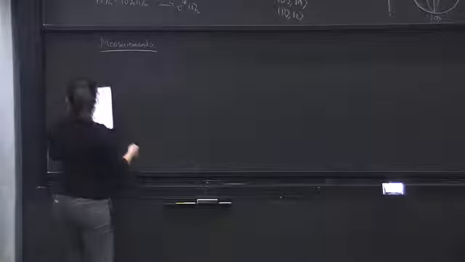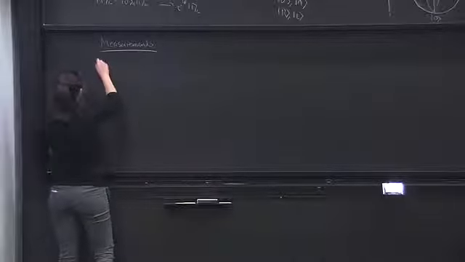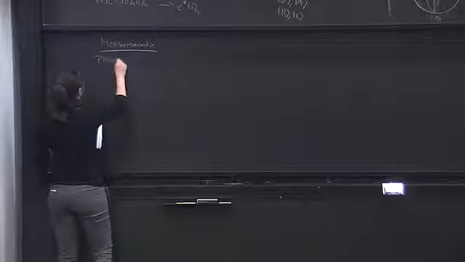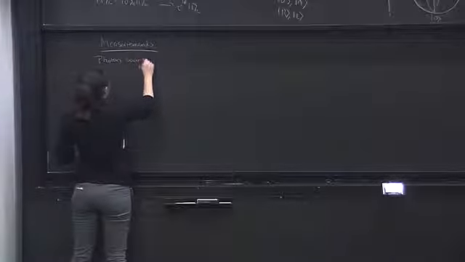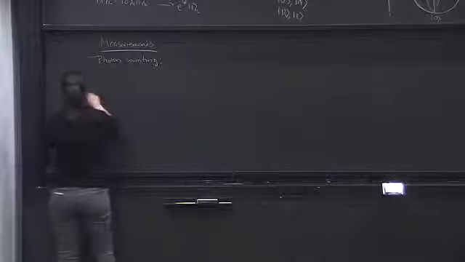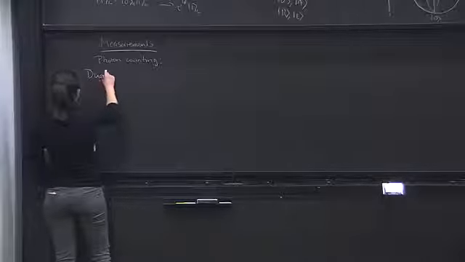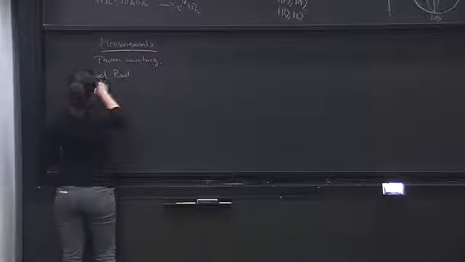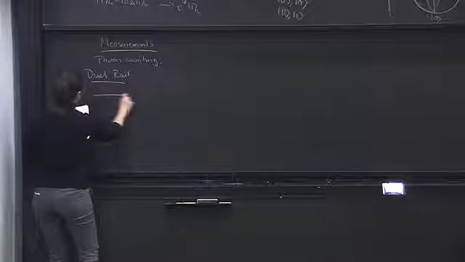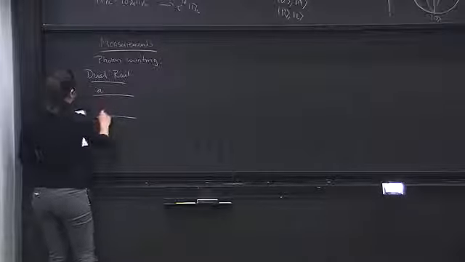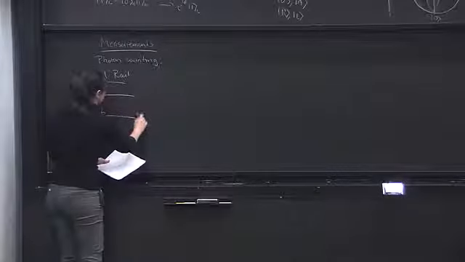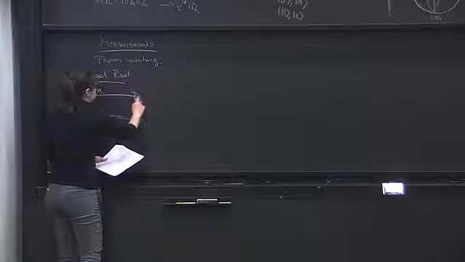Okay, so for measurement, we use photon counting. So in dual rail, we have A and B, and all we do is just stick a detector here and a detector there.